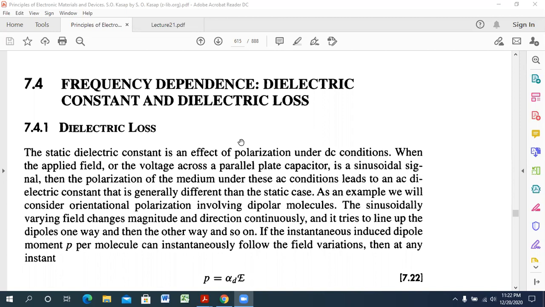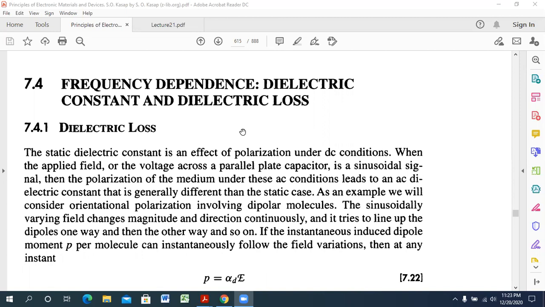But whenever we apply an AC electric field, or polarization, or something related to frequency, it will not be exactly the same as what we learned in free medium.